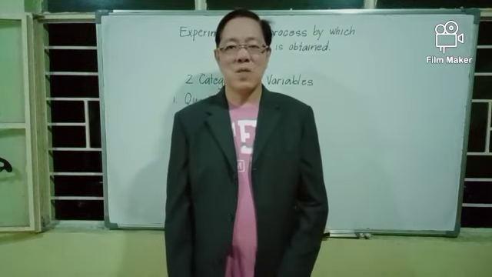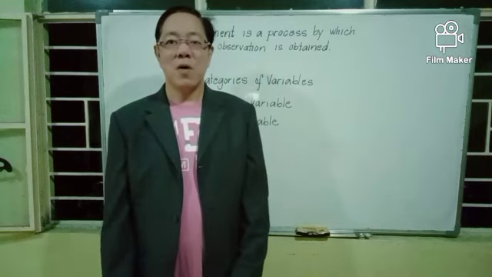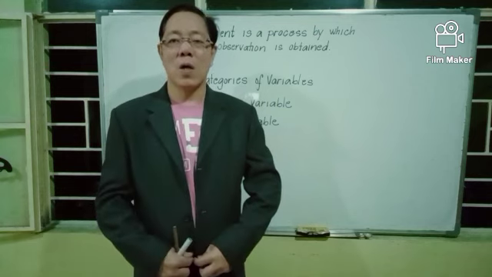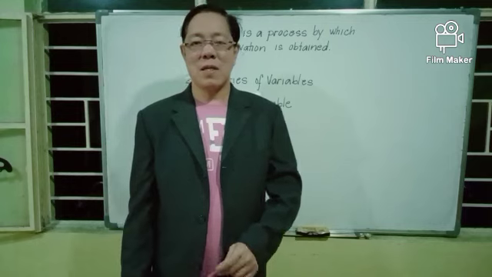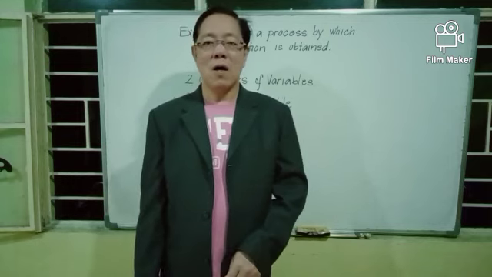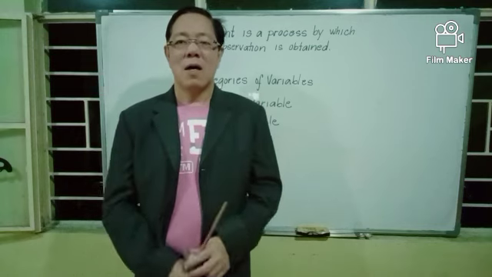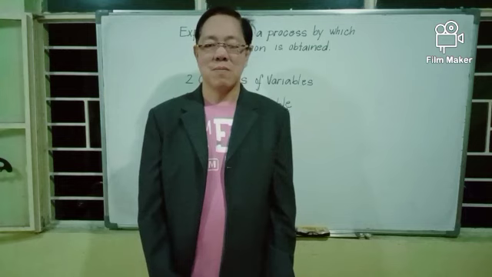Now, these observations we obtain from experiments form the basis of the inferences or conclusions we make. And these inferences focus on the characteristics or variables of the elements or members of the population.